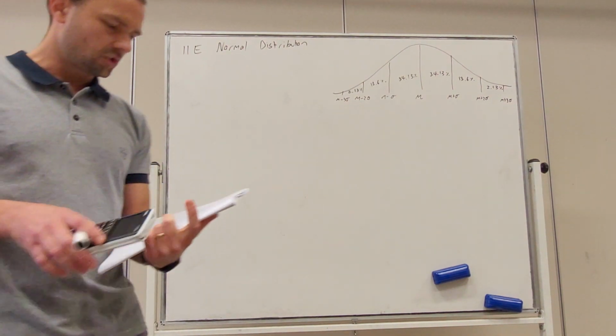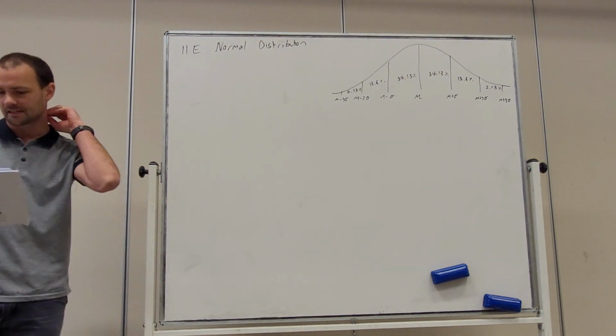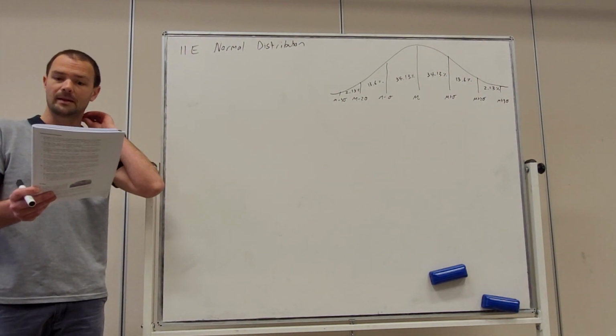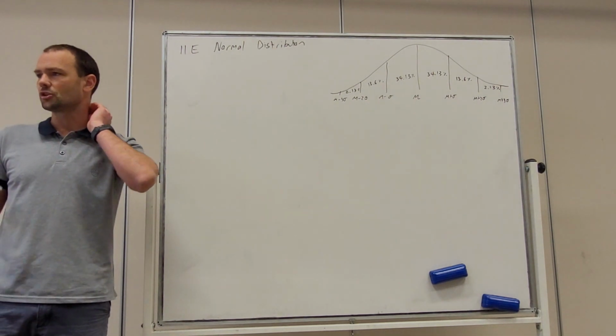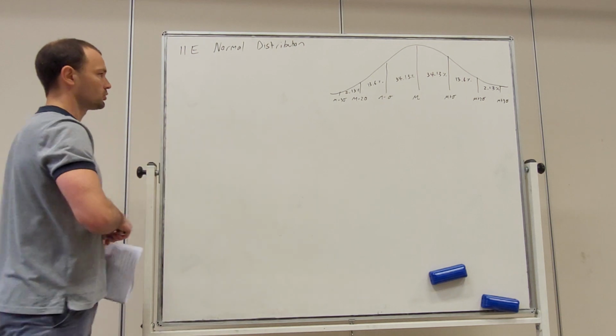Okay, so let's get straight into the example here. This is the bell-shaped curve, and let's do the example. The height of year 11s is normally distributed with a mean of 175 centimetres and a standard deviation of 8 centimetres. Part A says to draw the distribution.